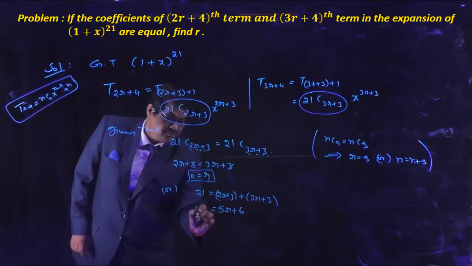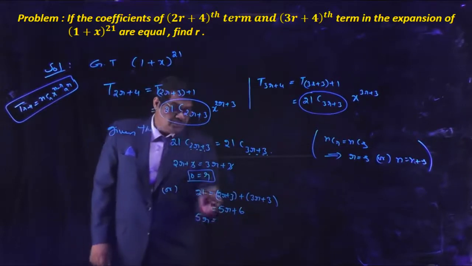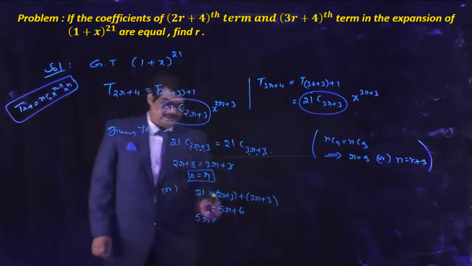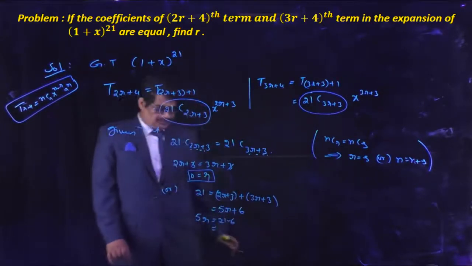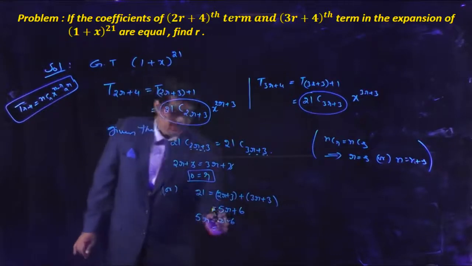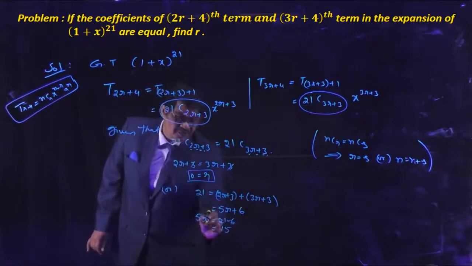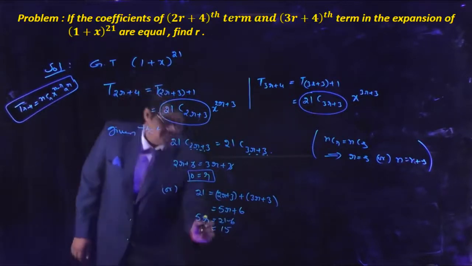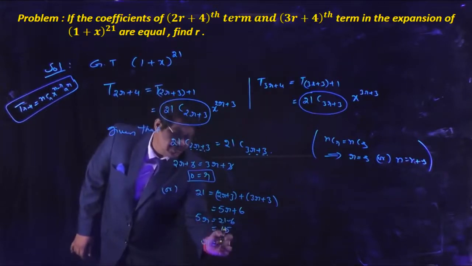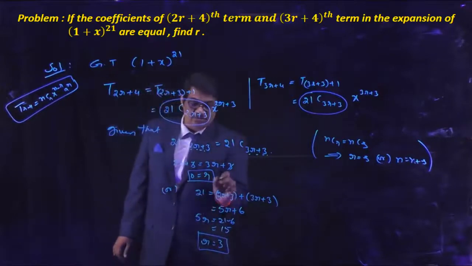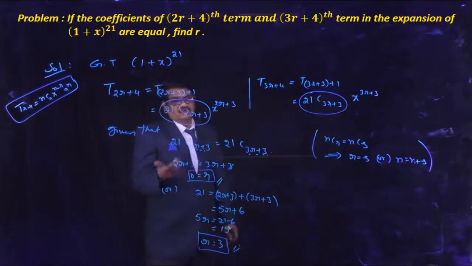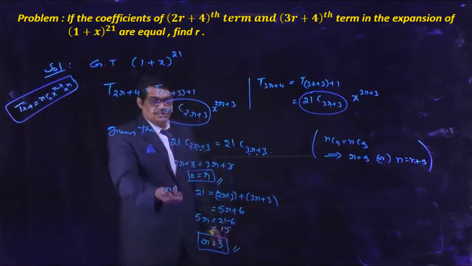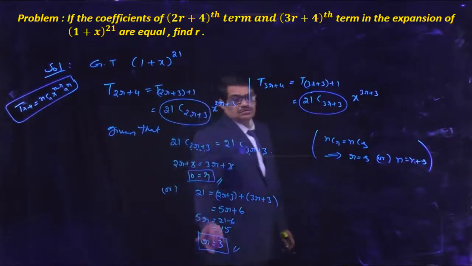Here 5r is equal to 21 minus 6, that is 15. Therefore r is equal to 15 by 5, that is 3. So the values of r are r equal to 0 or r equal to 3.